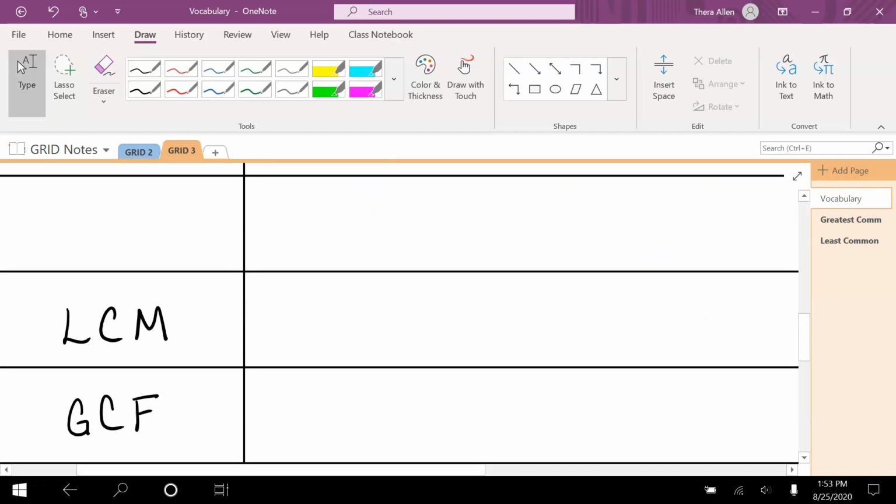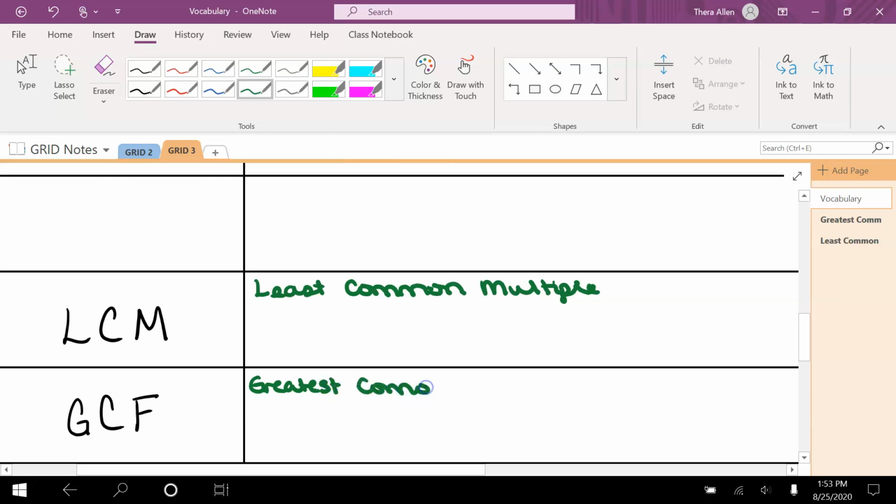Next, we are going to be talking about least common multiples and greatest common factor. So LCM stands for least common multiple, and GCF stands for greatest common factor.